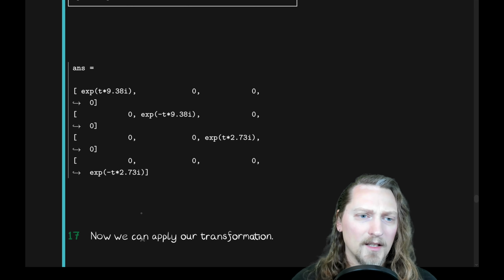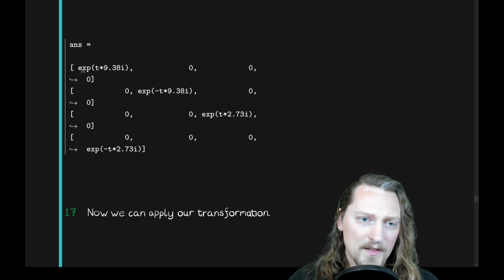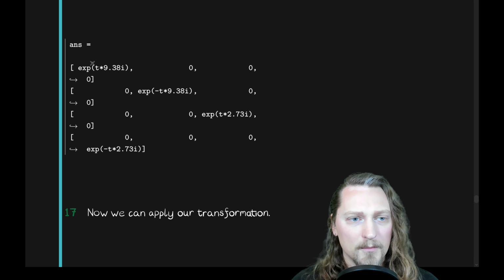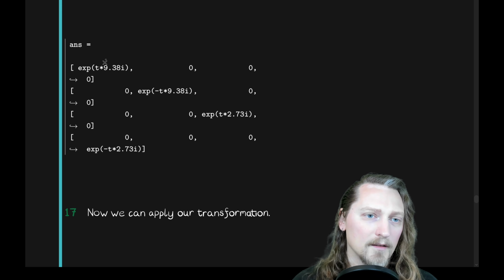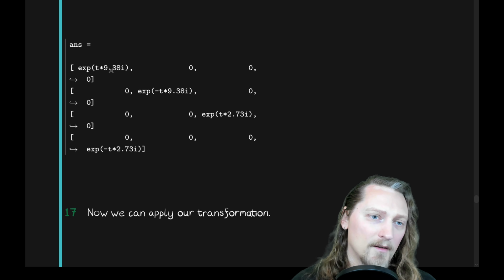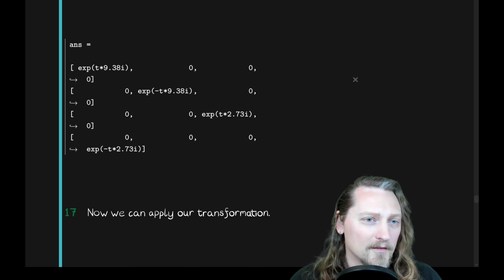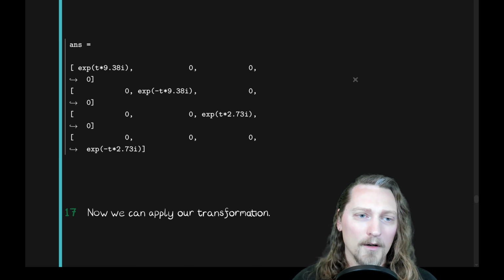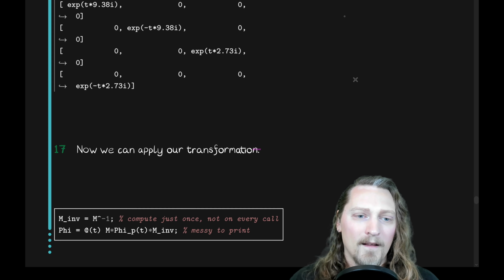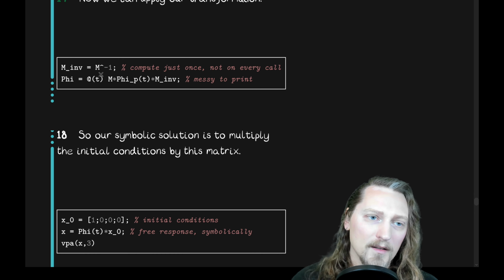And it's a little bit hard to read, but we see that just as we expect, we have e to the lambda t on the diagonal going down and zeros everywhere else. Okay, great. So we've got our phi prime. Now we apply that transformation. We can do it symbolically here as well.